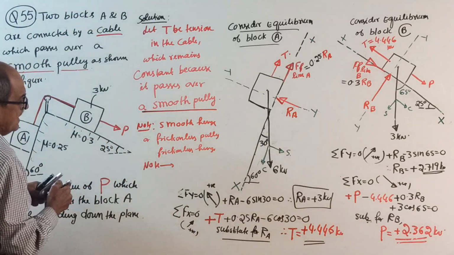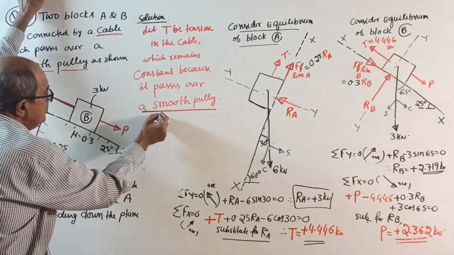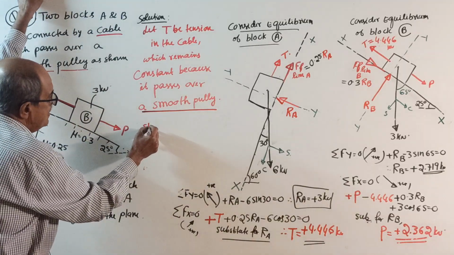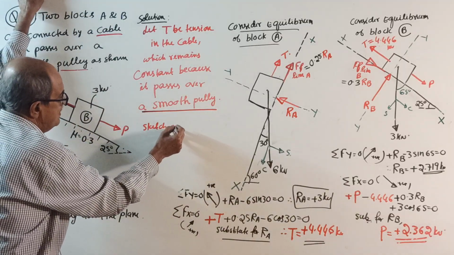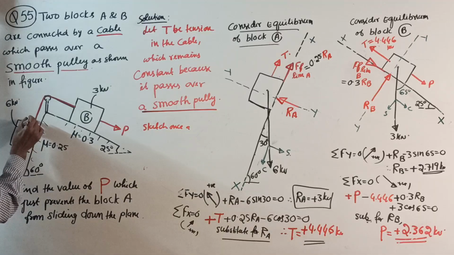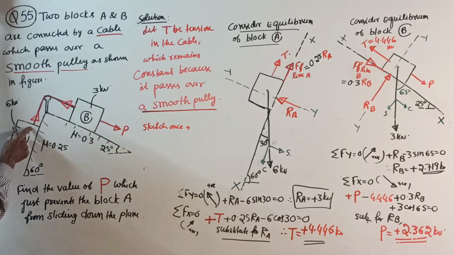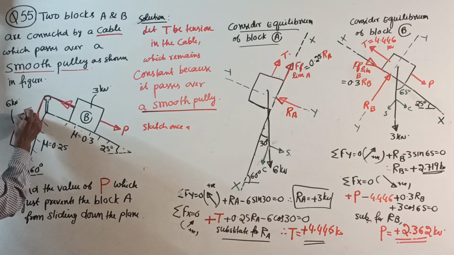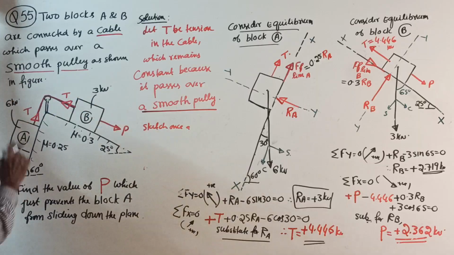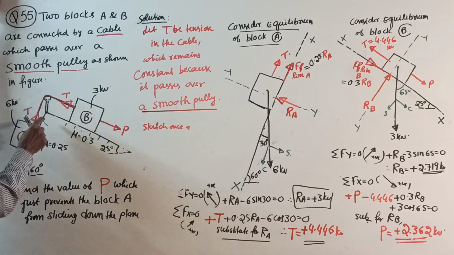To understand correctly, you write all these. It is better you write this sketch once again, and then show the tension in the cable. See, I told you tension is always like this. Tension will pull. If this is T, this is also T. Because this cable passes over a smooth pulley, tension is constant.